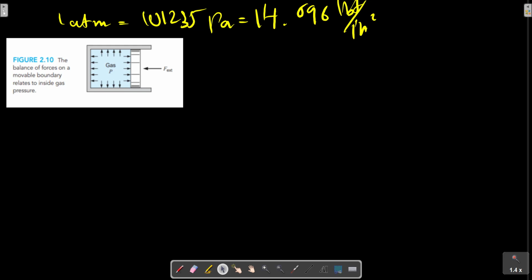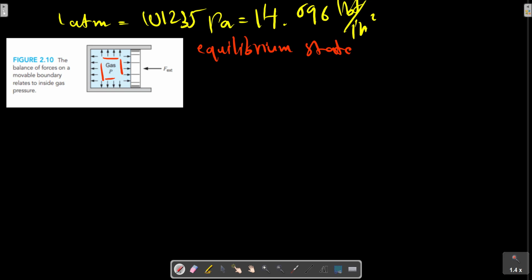This pressure, shown by the arrows on the boundaries of the cylinder, is in the equilibrium state. This pressure is fixed by the external force acting on the piston, since there must be a balance of force for the piston to remain stationary.